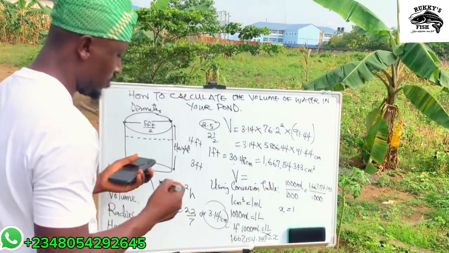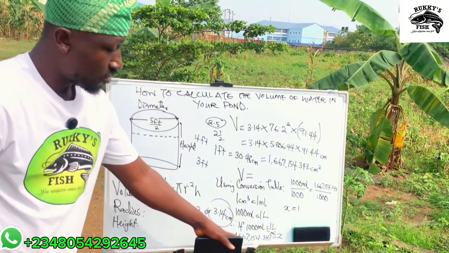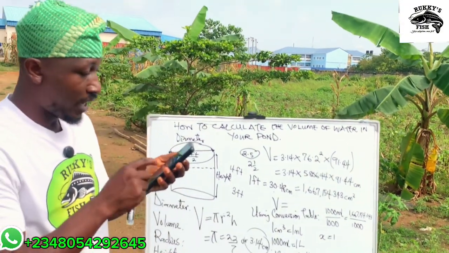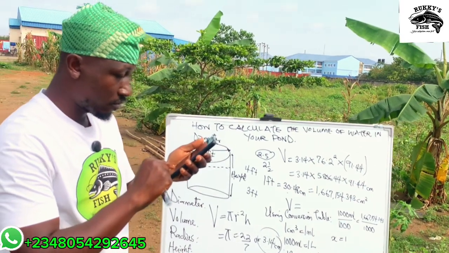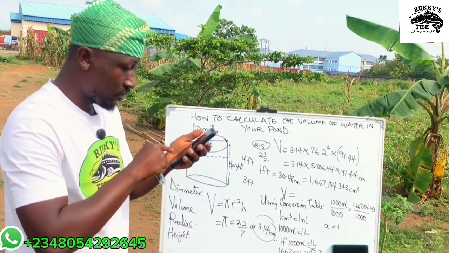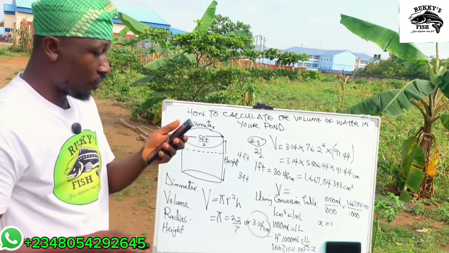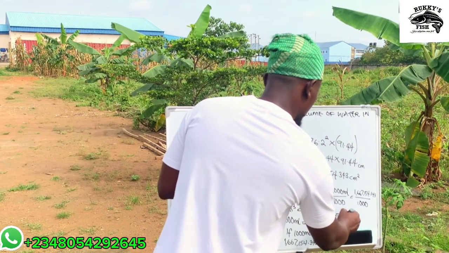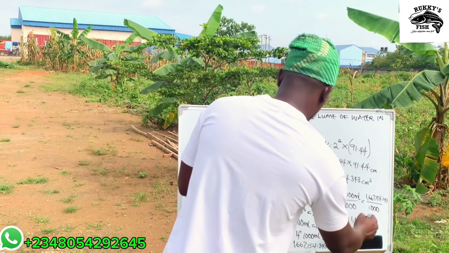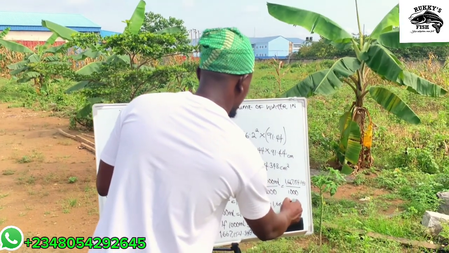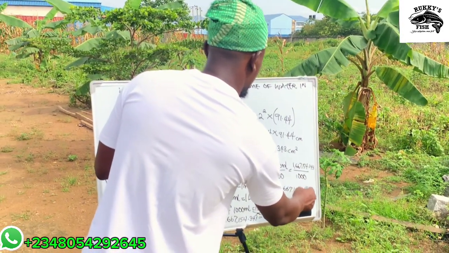If you are dividing 1,667,154.343 by 1,000, we have 1,667.154 liters.